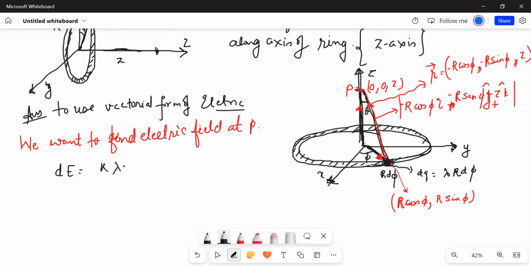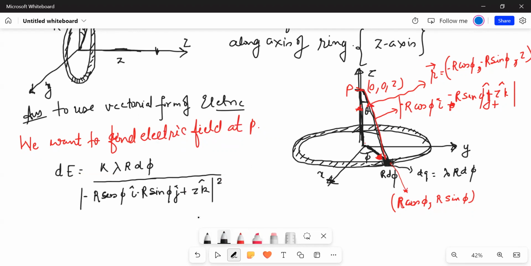It will be lambda r d phi. k dq upon this distance's square. So I would write the modulus of r cos phi i cap minus r sin phi j cap plus z k cap, and it's whole square as well.